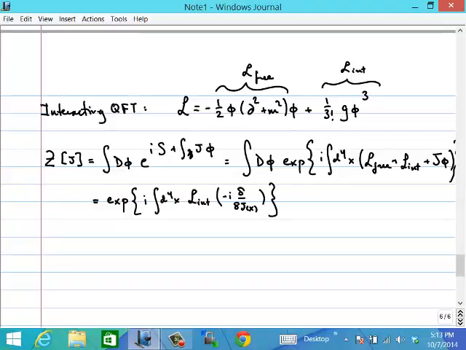And I have to compute that in the free theory, so I have an integral d phi of the exponential of i times the integral d^4x of L free plus J phi.